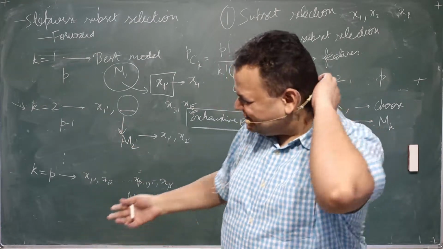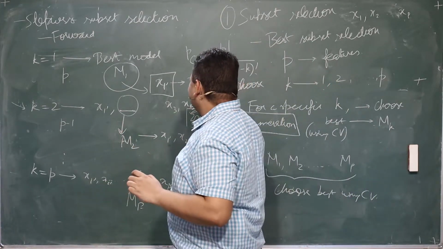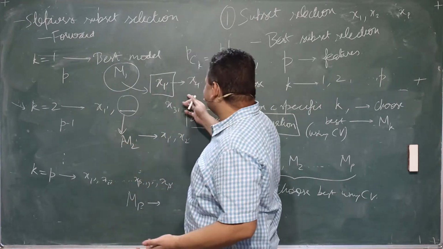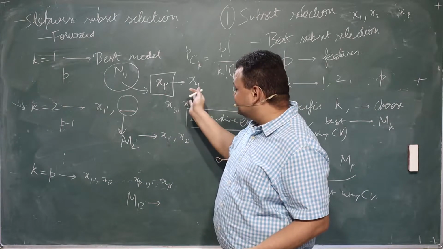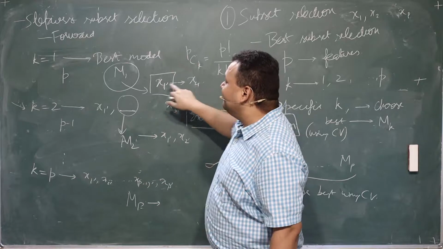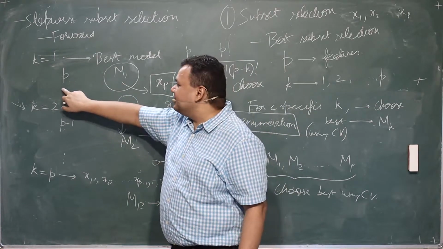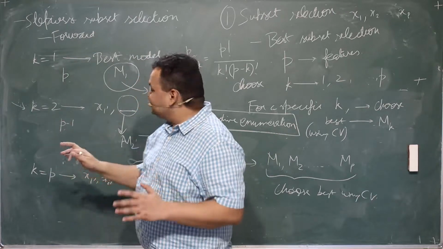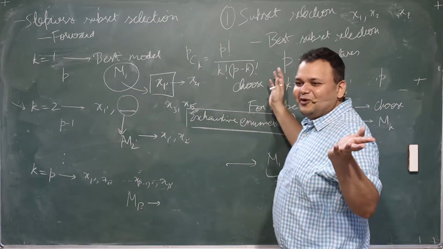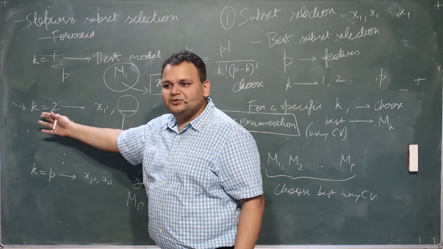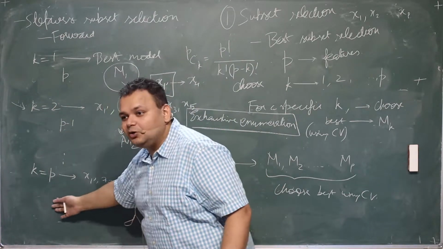So this particular methodology is not very robust, as I just showed you through an example. A predictor which gives the best accuracy when k is equal to 1 may not even appear in k is equal to 2, k is equal to 3 or k is equal to P if you were to use an exhaustive enumeration strategy.